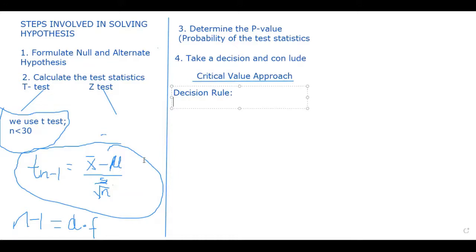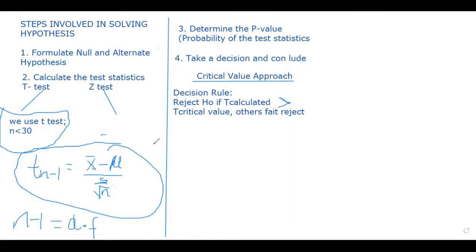So the decision rule is saying that reject H0, in other words, reject the null hypothesis, if t calculated is greater than t critical value. Otherwise, we fail to reject it.